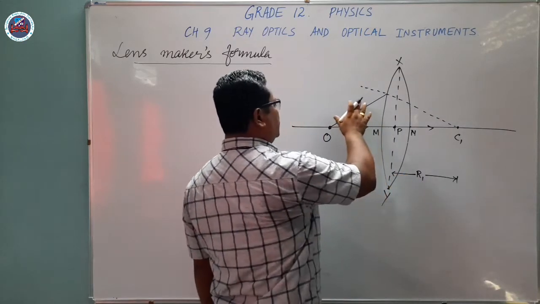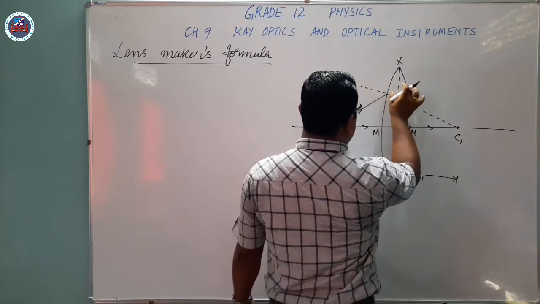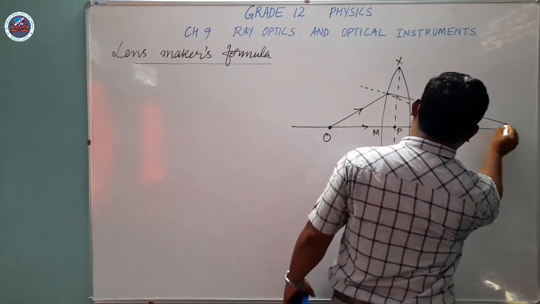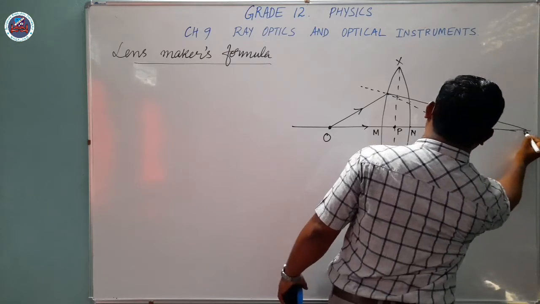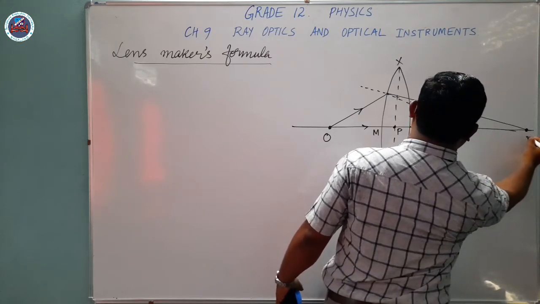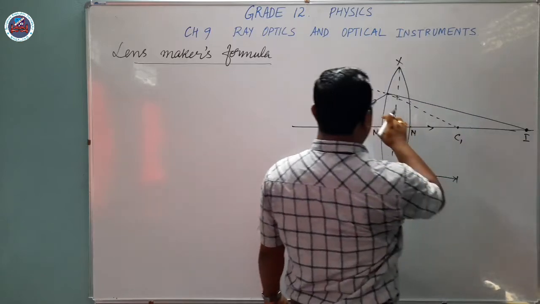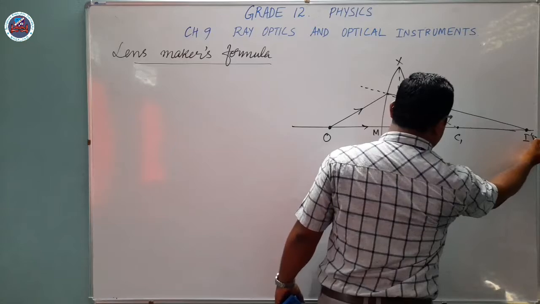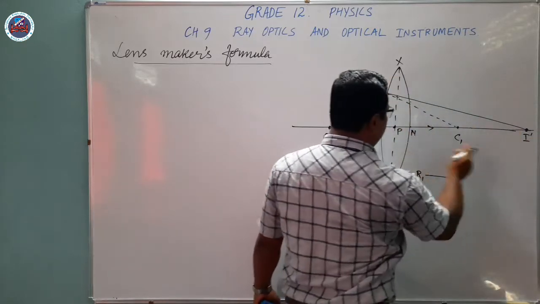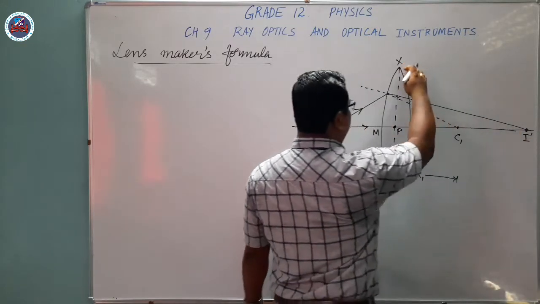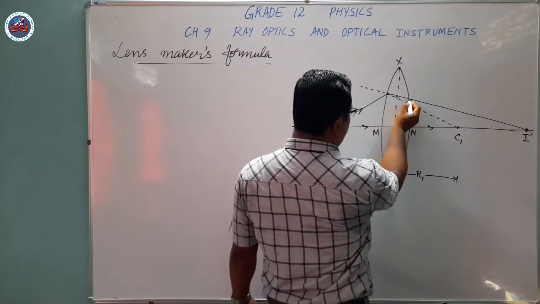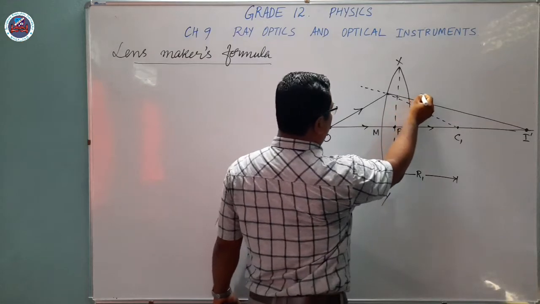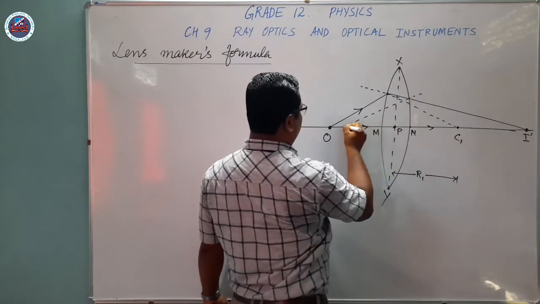Then as the light is passing from rarer medium to denser medium, in the first surface it will come like this. Here the image will be formed, but this is for the first surface, so we'll take the image of the first surface as the virtual object for the second surface. When it comes and strikes here, light is traveling again. Here also you will draw one normal passing through the center of curvature.